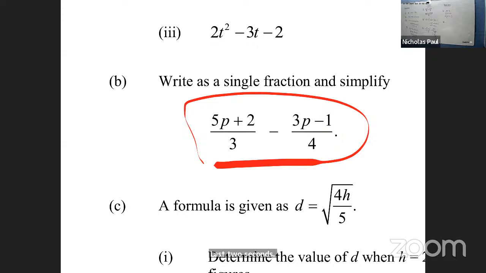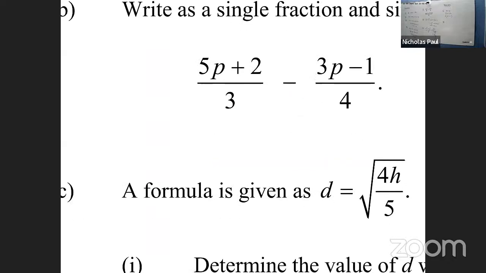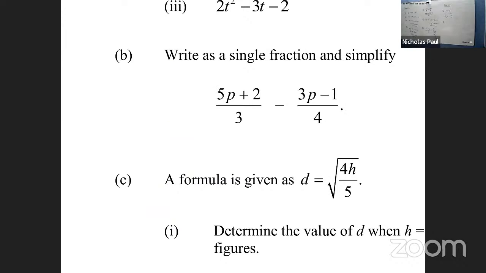Remember to simplify the top, right? Okay, so your denominator will be 12.